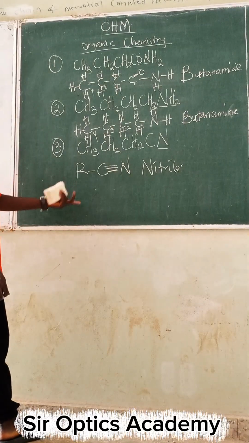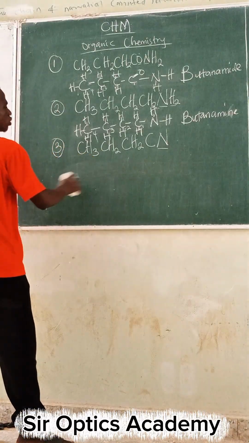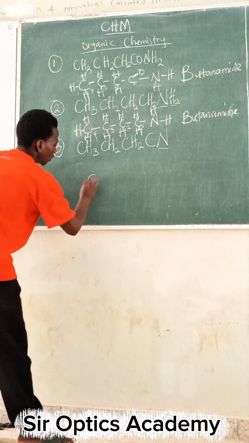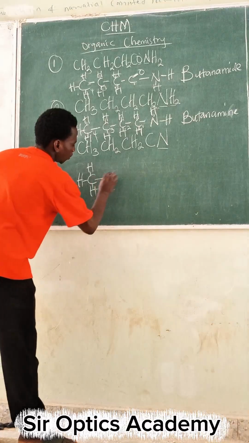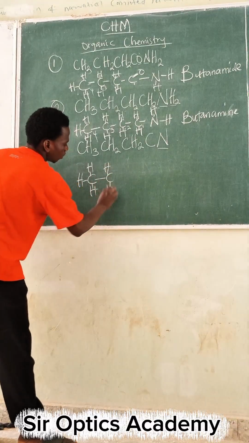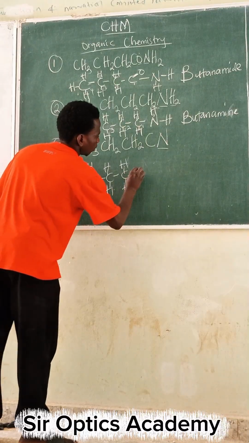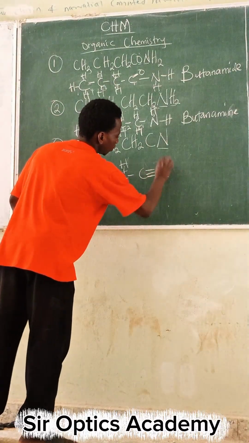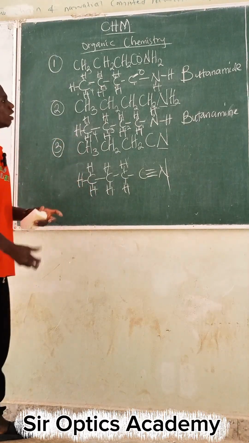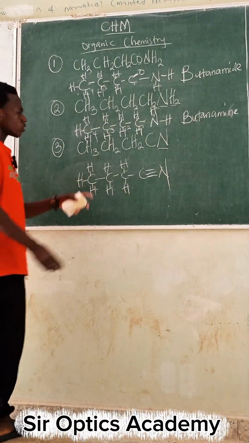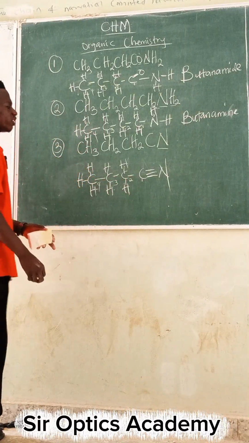So lastly, on number 3, when we split this particular structure, we'll have the structure this way. Now this particular carbon is triple bonded to a nitrogen atom. So for the nitrile functional group, you also start counting from that carbon that is triple bonded to a nitrogen atom.